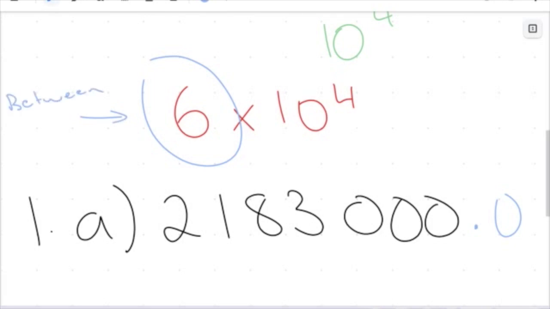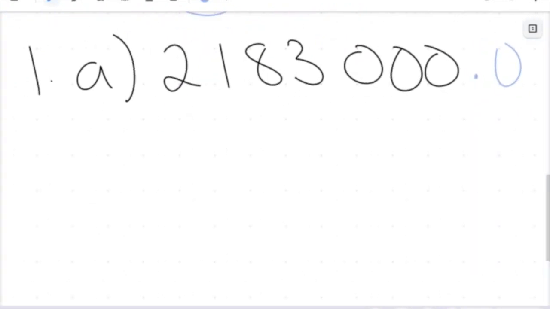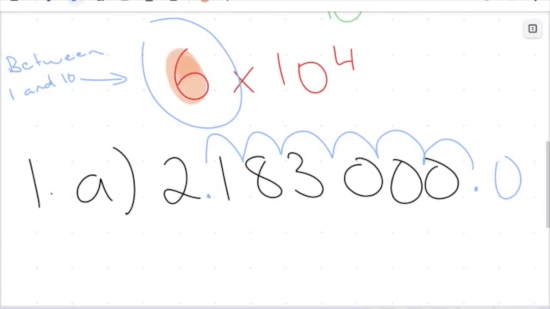That's just convention. So if we bring this decimal point back, 1, 2, 3, 4, 5, 6, to get 2.183000, this now gives us this part of the scientific notation between 1 and 10.